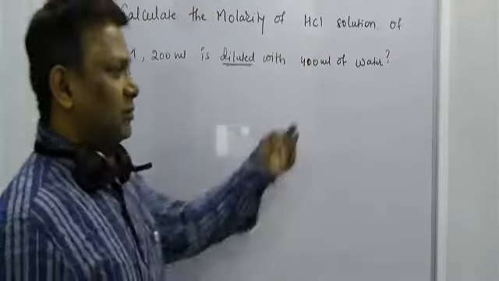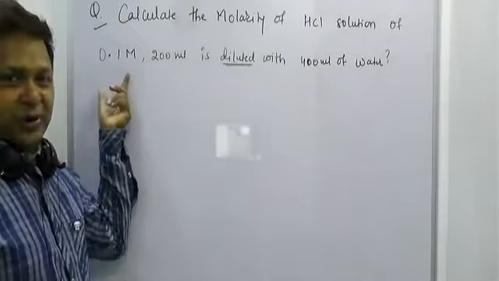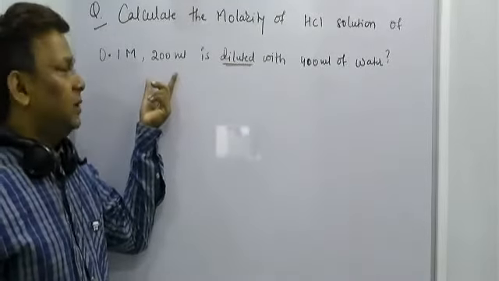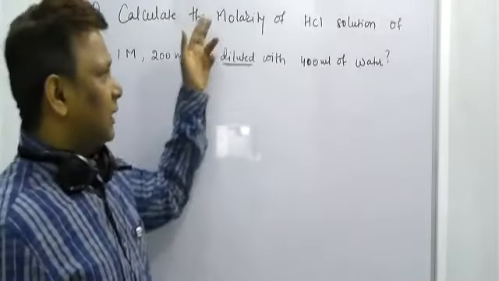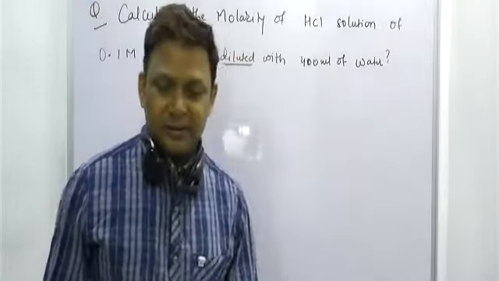So the volume of the water is 400 ml. HCl whose initial concentration is 0.1 at volume 200 ml. Get the molarity of the solution when it is diluted with 400 ml of water. Chalo, try it, beta.